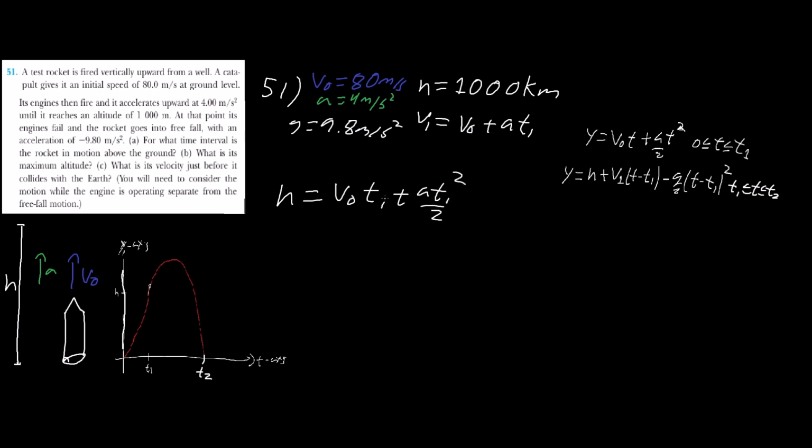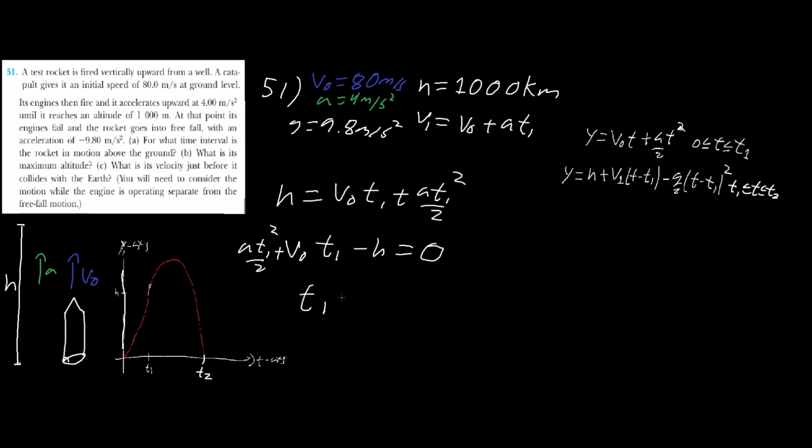And notice right here, folks, that t1 is a solvable variable. So we're going to minus the h on both sides and let that be 0. So v0 t1 plus a t1 squared over 2 minus h. I'm just writing it this way because I'm going to use the quadratic formula. So the only unknown variable here is going to be t1.